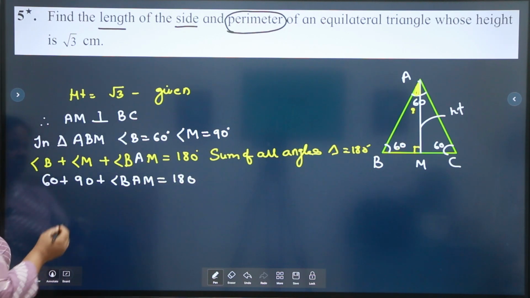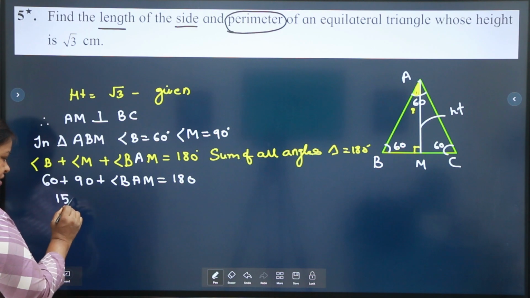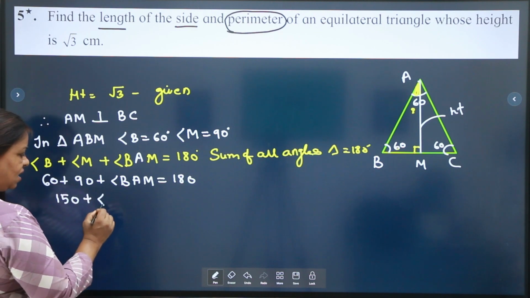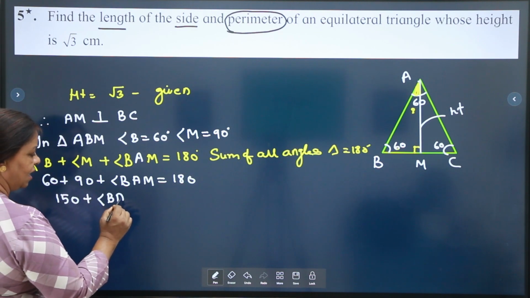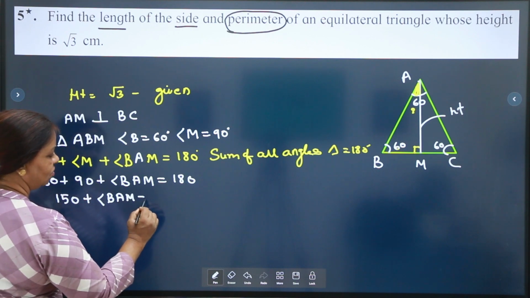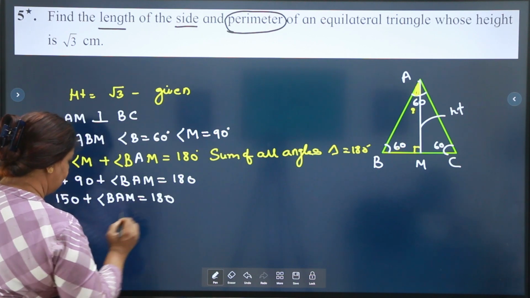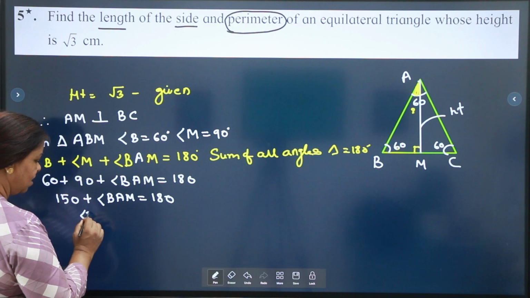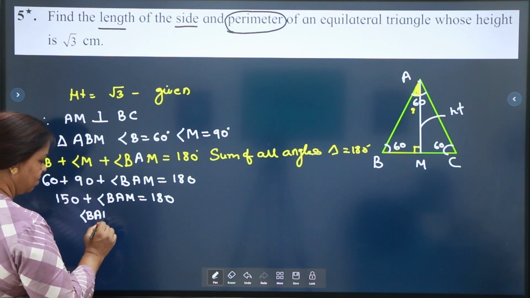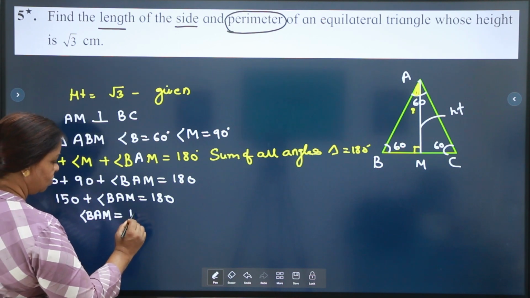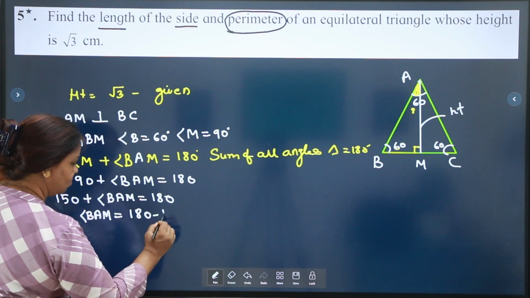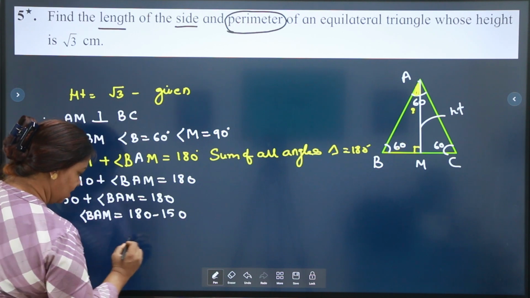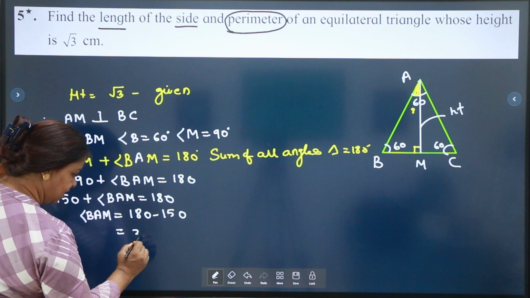90 plus 60 is 150. 150 plus angle BAM is equal to 180 degree. Angle BAM is equal to 180 minus 150, which is equal to 30 degree.